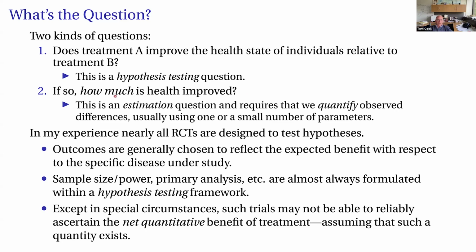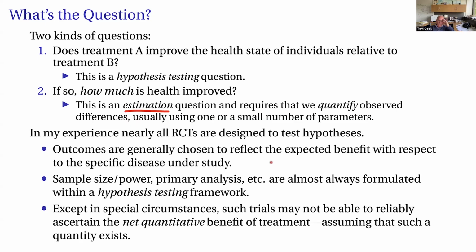The second question is, how much is health improved? And this is an estimation question. And this requires that we explicitly quantify the observed differences, usually using one or a small number of parameters. Now, we design trials to test hypotheses. The outcomes are generally chosen to reflect the expected benefit with respect to the specific disease under study.